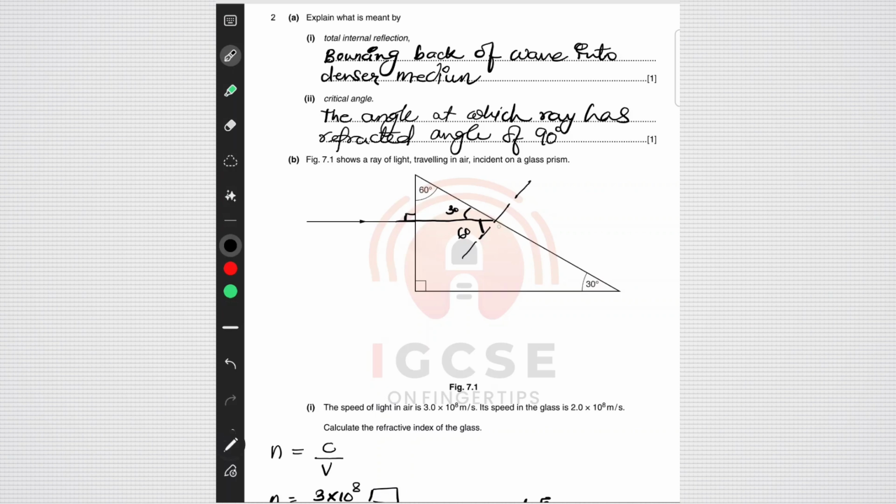Now I have to draw a ray in such a way that this has to be 60, this is 30, this is 30 and 30, so this has to be something but not 90. So what can you see here? You can see that this goes like this, and then this ray emerges away from the normal, right?